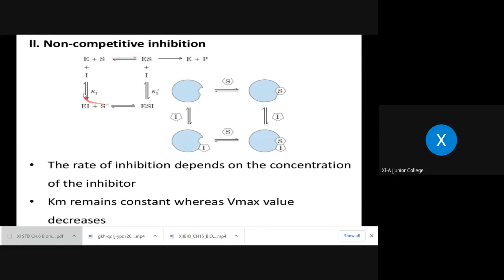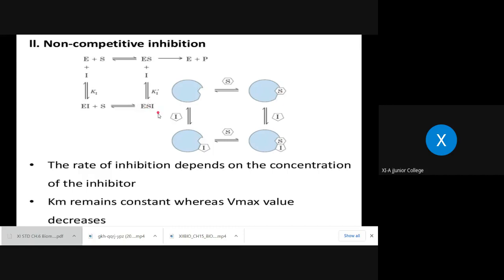Of the reversible type we are talking about, in one case the enzyme substrate complex is formed, the product is produced, and the enzyme is separated. When it comes in contact with the inhibitor, the enzyme inhibitor complex is formed. Then again, when substrate comes in contact, the combined form is formed.